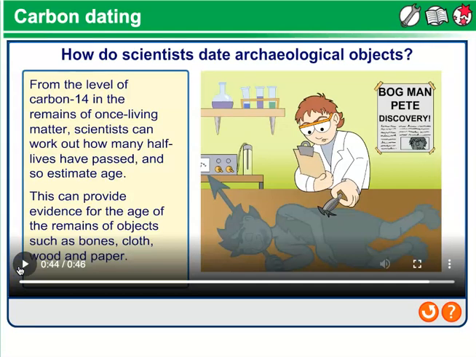From the level of carbon-14 in the remains of once living matter, scientists can work out how many half-lives have passed, and they can estimate the age. This can provide evidence for the age of the remains of objects such as bones, cloth, wood, and paper.